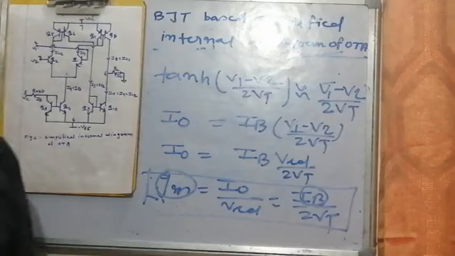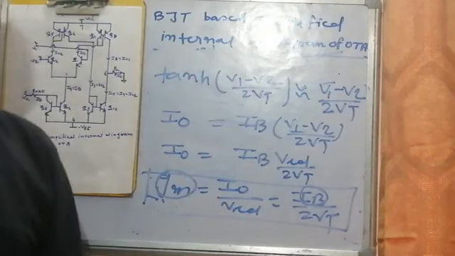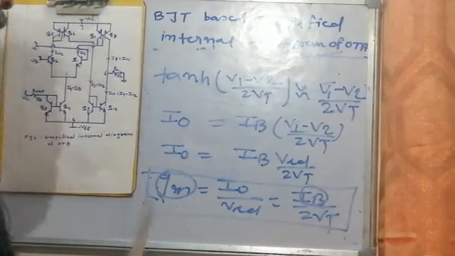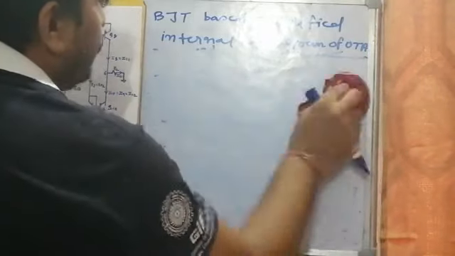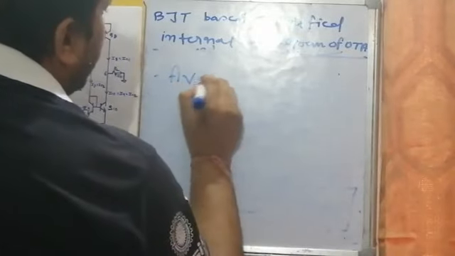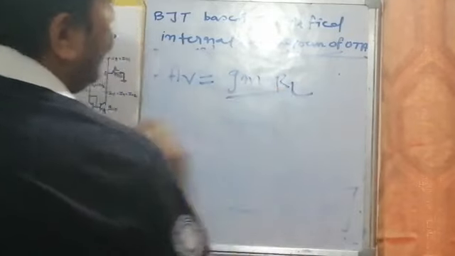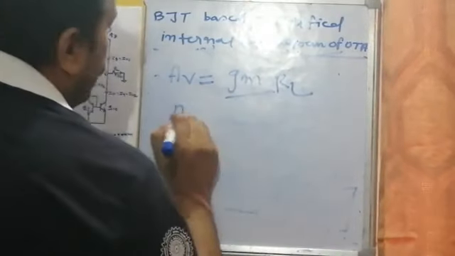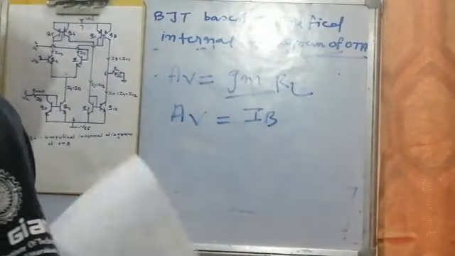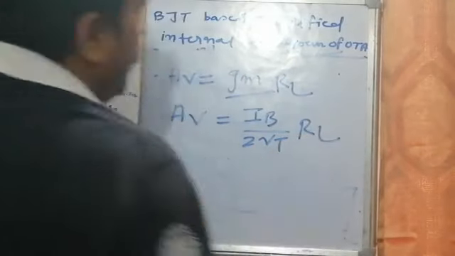So here we have found the value of transconductance, and we have derived in the previous lecture how transconductance and voltage gain are related to each other. The voltage gain AB is equal to Gm RL, and we know the value of Gm. So we can say voltage gain AB is equal to IB divided by 2Vt times RL.